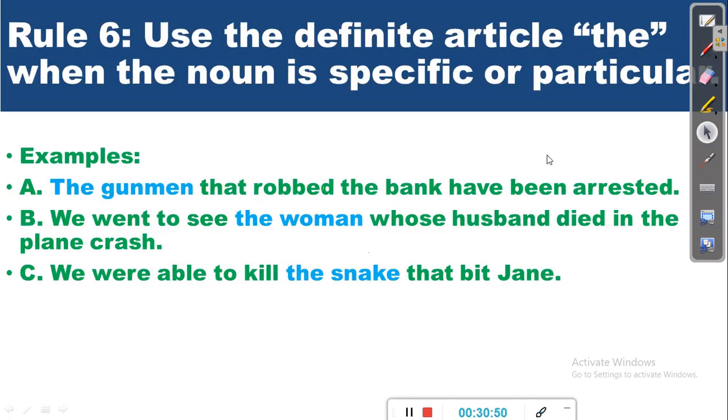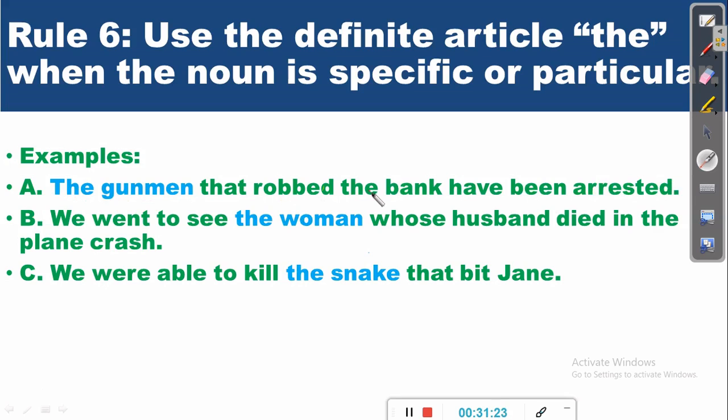Then rule number 6, use the definite article the when the noun is specific or particular. For example, the gunmen that robbed the bank have been arrested. All right?